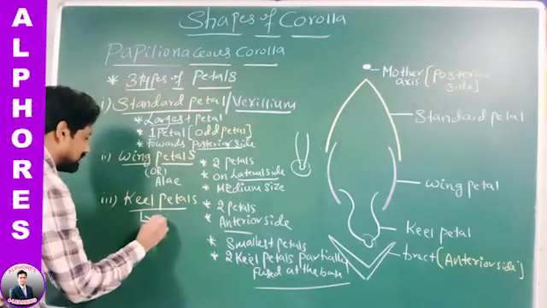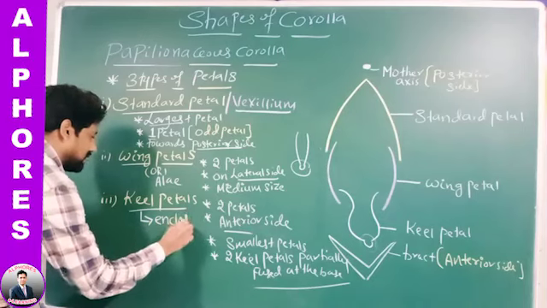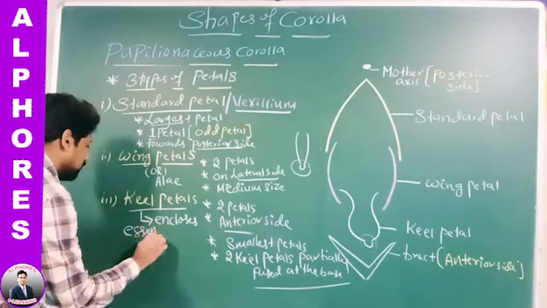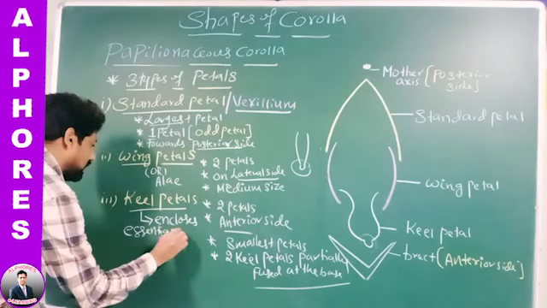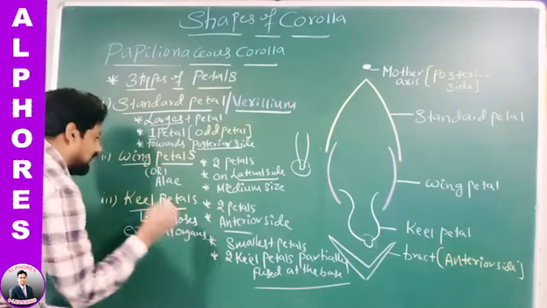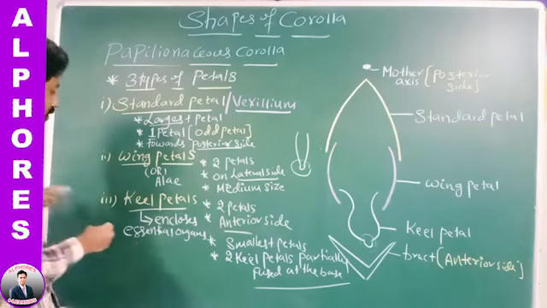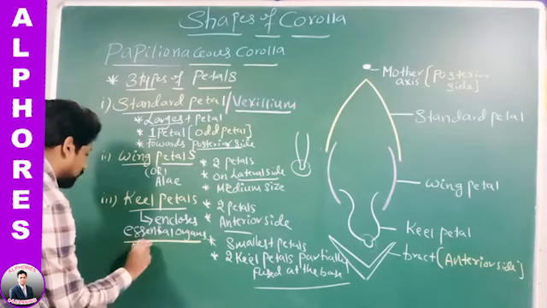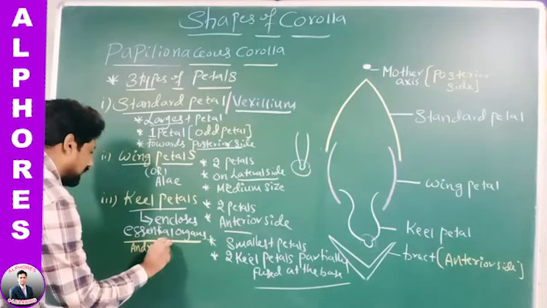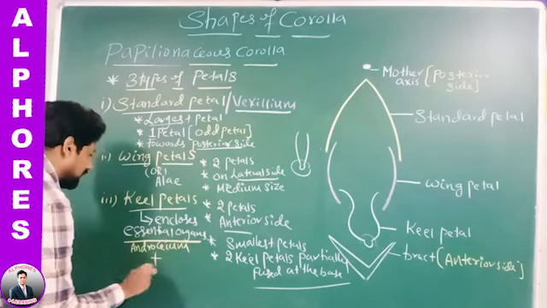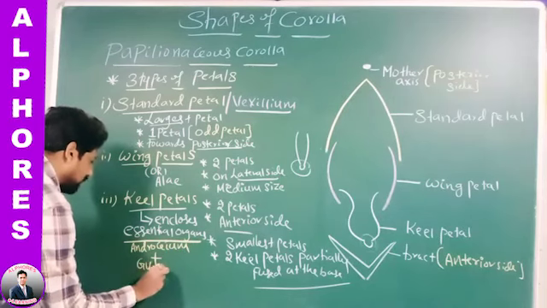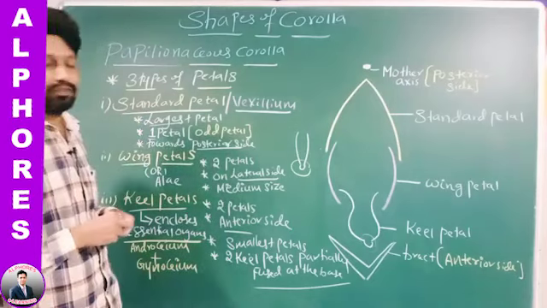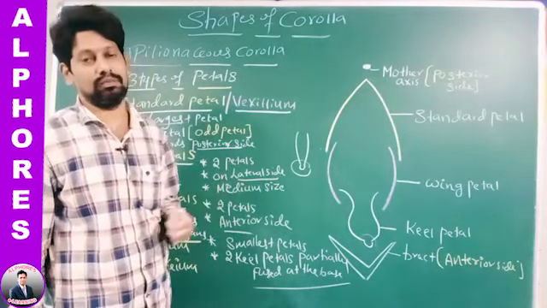Therefore, keel petals enclose what? Essential organs. Essential organs means what and what, sir? Androecium and gynoecium. Therefore, keel petals enclose androecium and gynoecium.